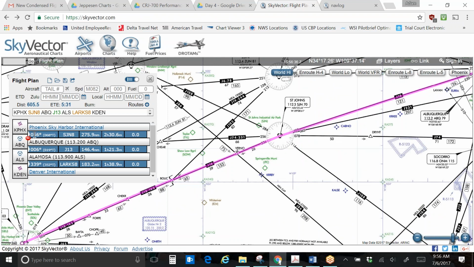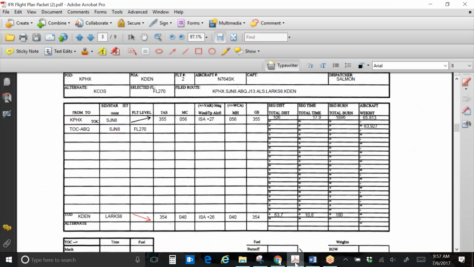If you look here on your mini log, from Phoenix to Albuquerque is 275.9 miles total. So this is really easy to figure out your distance on this leg. Take the 275.9 and minus out 106. That means this particular leg is 169.9 miles. So let's get back into our chart here.